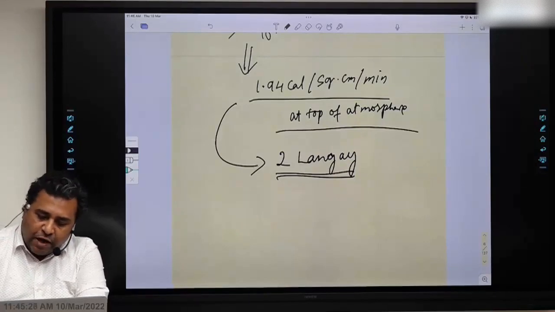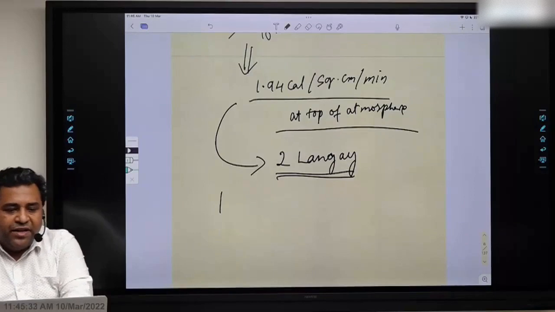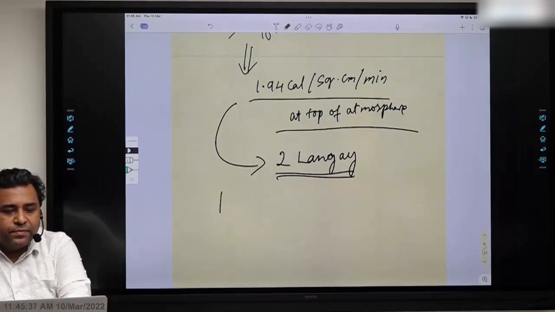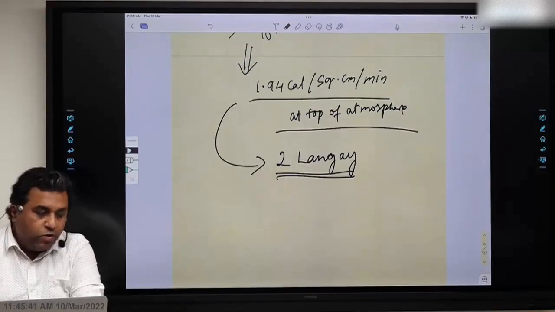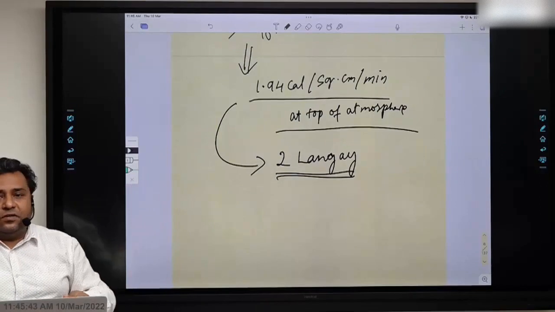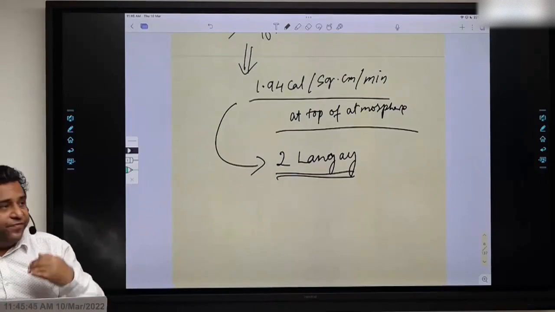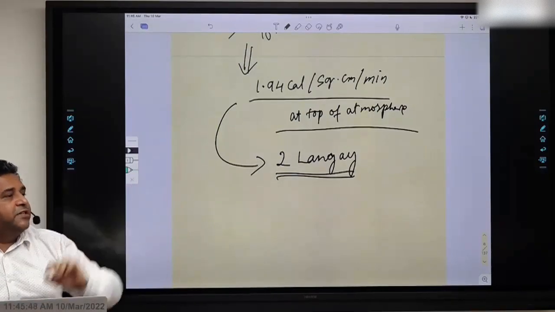Good enough. Now once we understand how much insolation we receive, the next thing that we need to discuss is: on the surface of the earth, the region where we live, do we receive this much energy?